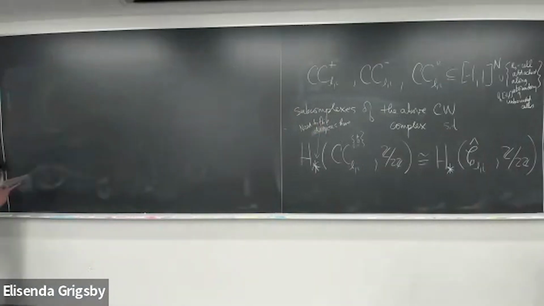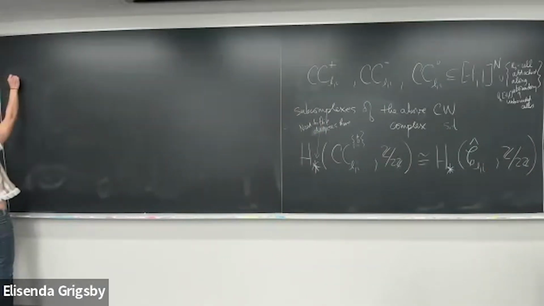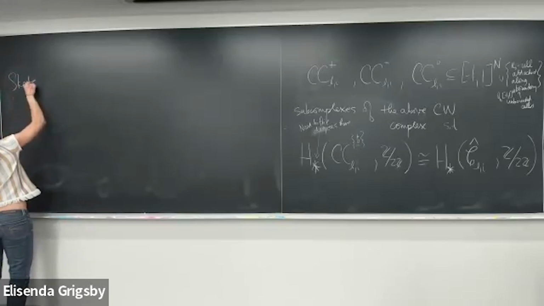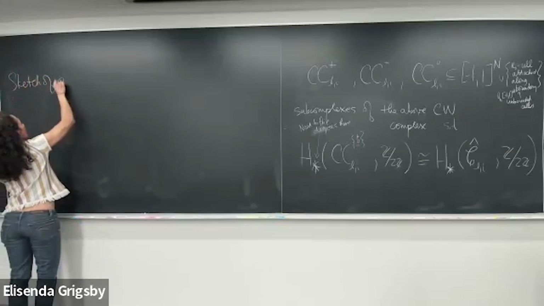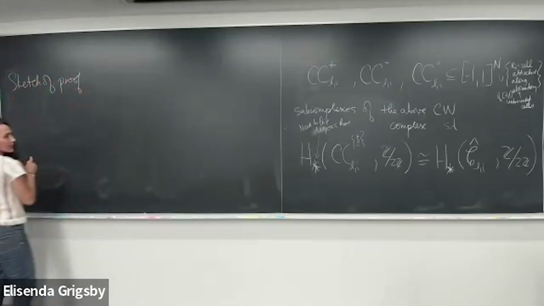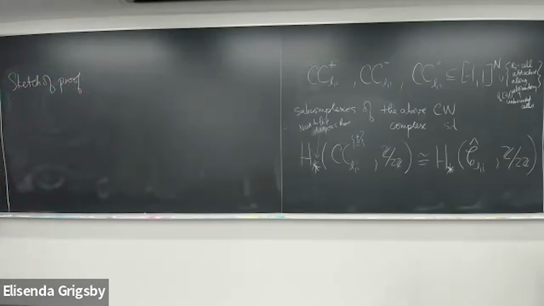And then I'll do a carefully worked out example. Okay, so here's the sketch of the proof. And actually, I'm only going to sketch the proof of Theorem B. Theorem A is somehow not as hard. Theorem B is really where the interesting stuff is.